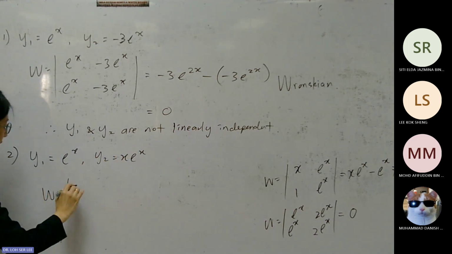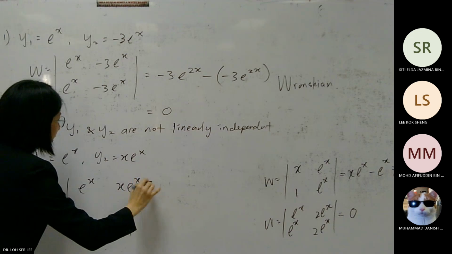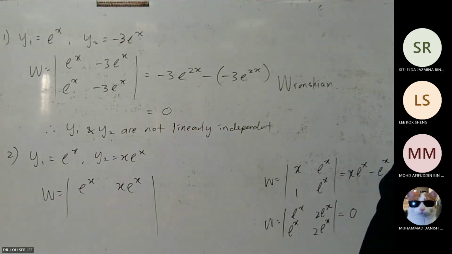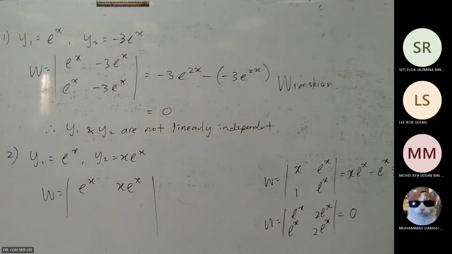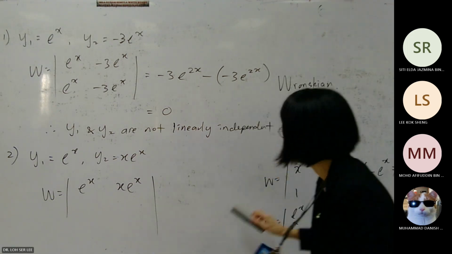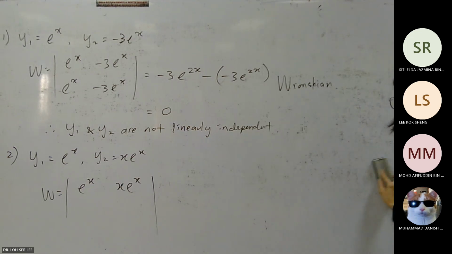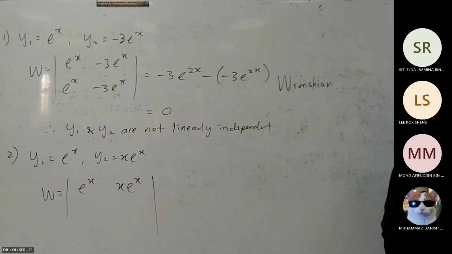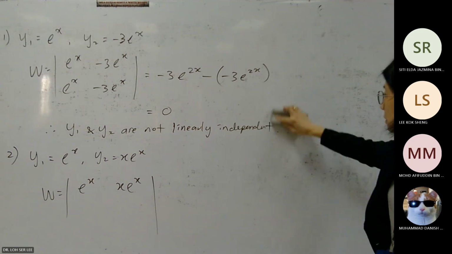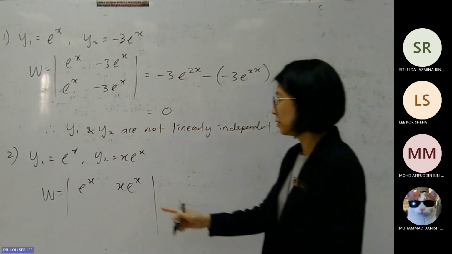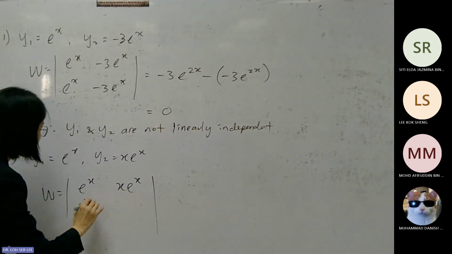So your W is 1. Differentiate e^x to get e^x.